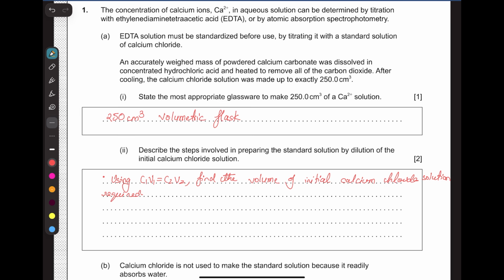Okay. Then we will use a pipette to transfer that volume to the volumetric flask. Then we need to fill distilled water till we reach the topmost mark.